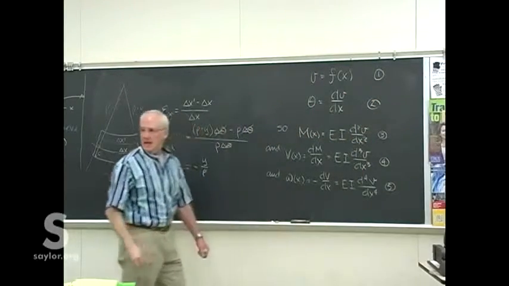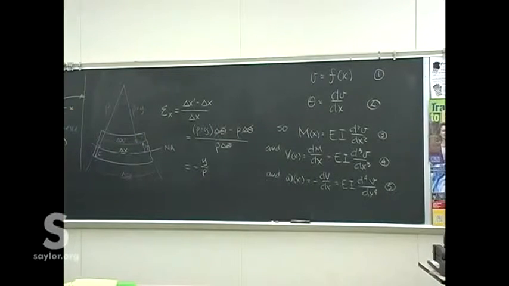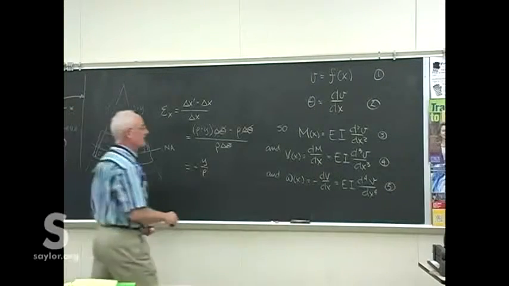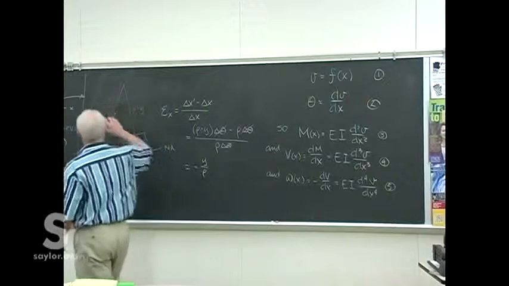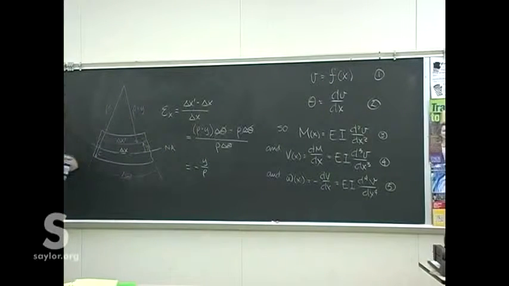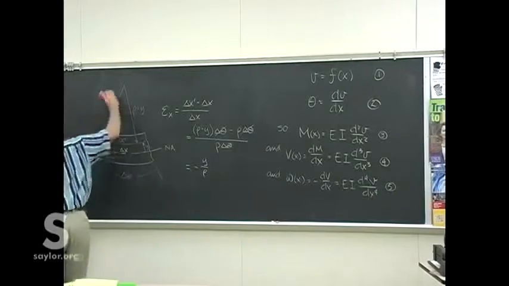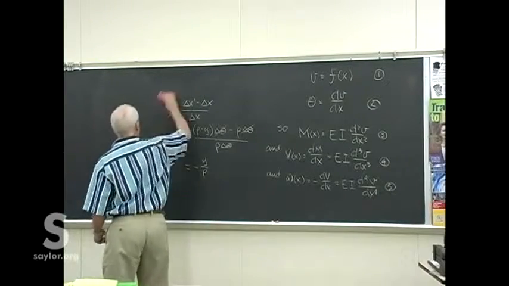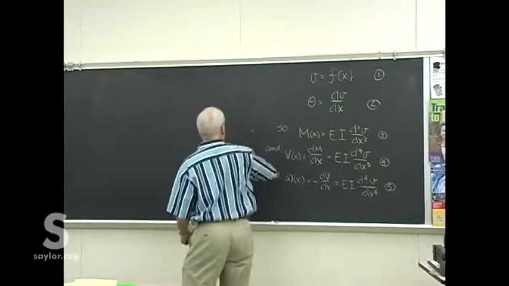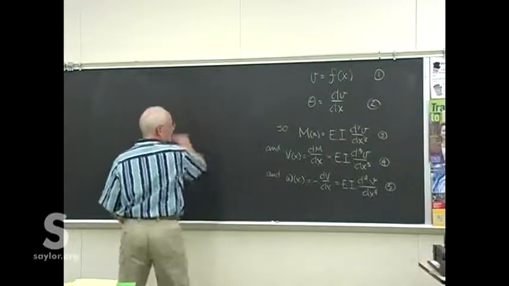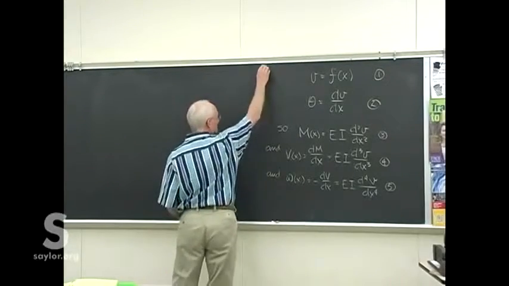But since these angles are so very small, that'll be the angle itself, because the tangent equals the slope. And so there we are. It's all set up. Everything's ready for us.